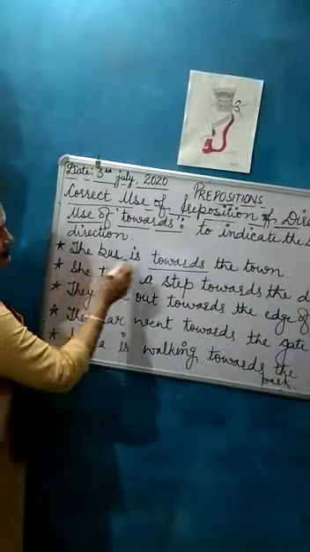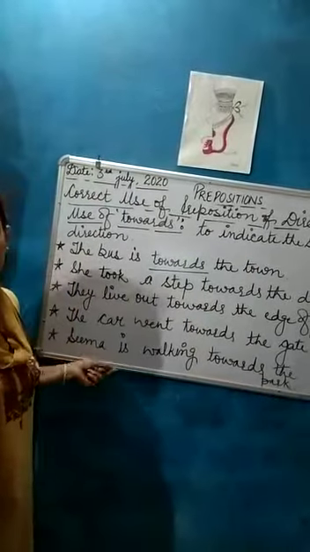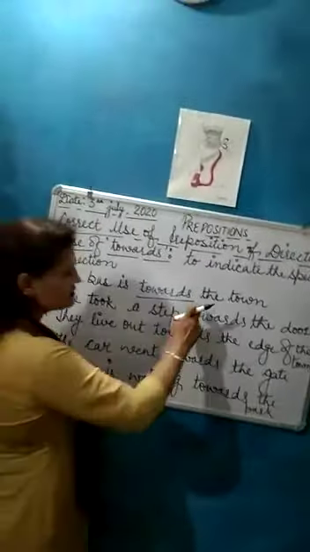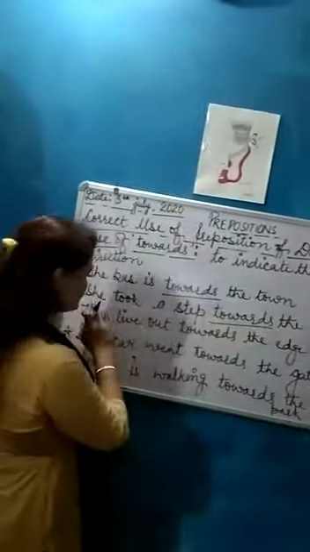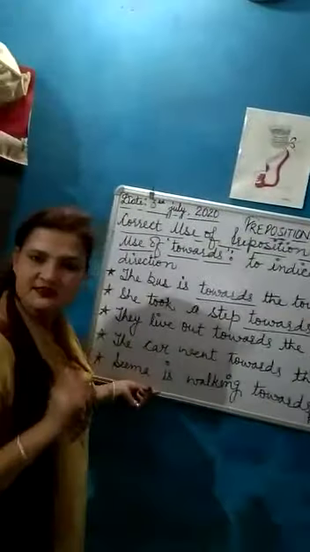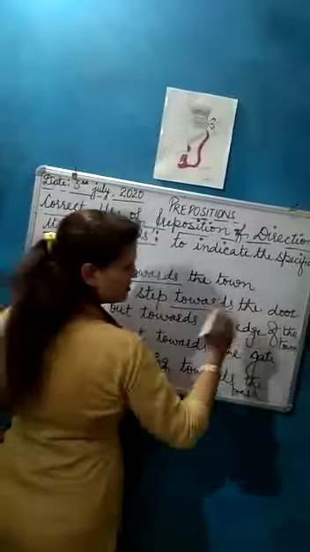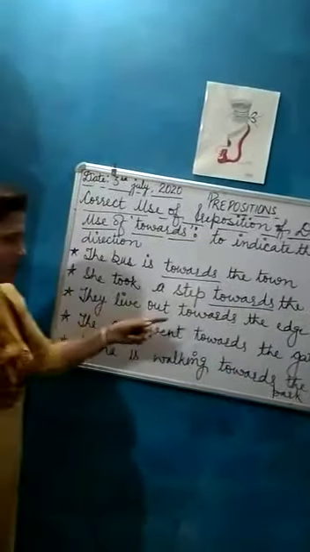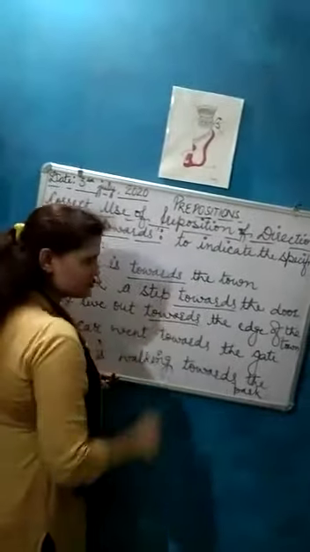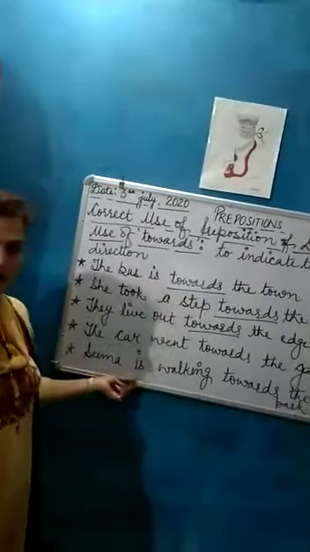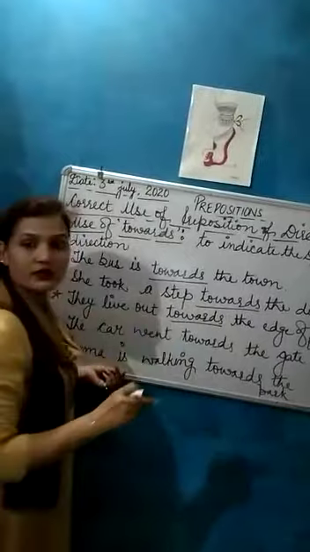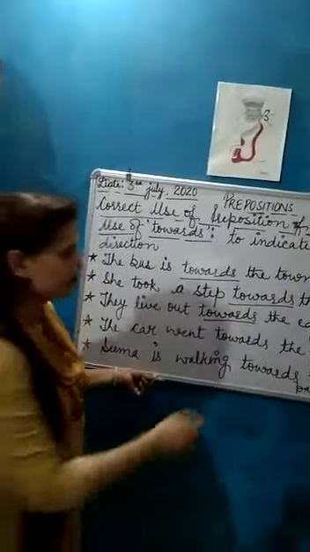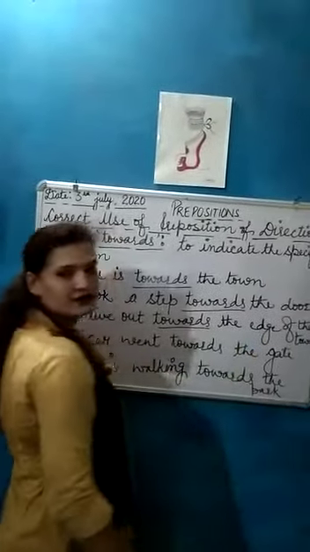Here, the bus is going in a specific direction, and that is the town. She took a step towards the door. Here, she took a step in a specific direction, and that is the door. They live out towards the edge of the town. Here, towards is used because they live out in a specific direction, and that is the edge of the town.